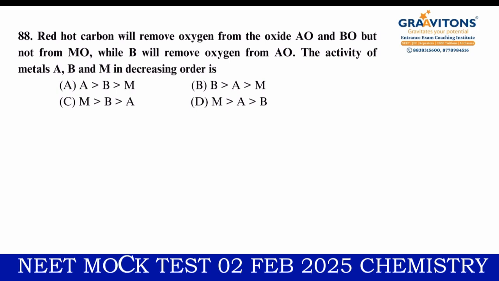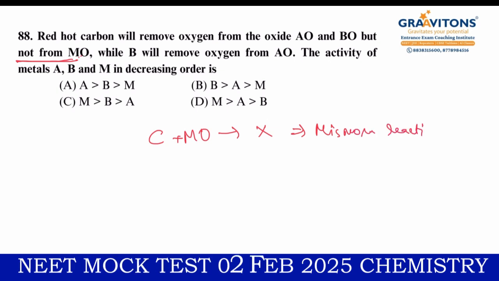88th question, red hot carbon will remove oxygen from the oxides AO and BO but not from MO, while B will remove oxygen from AO. So it is given that carbon with MO, there is no reaction. Why? Because carbon cannot take oxygen from MO, and that shows that M is more reactive compared to AO and BO.